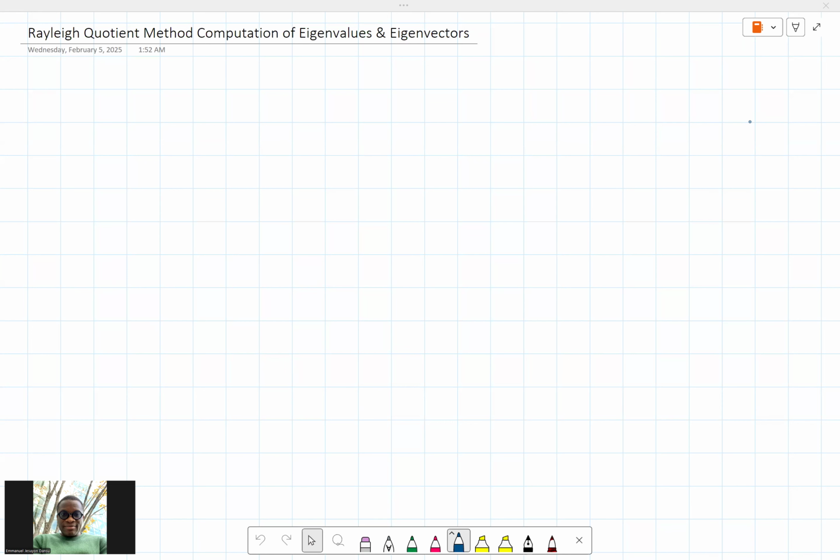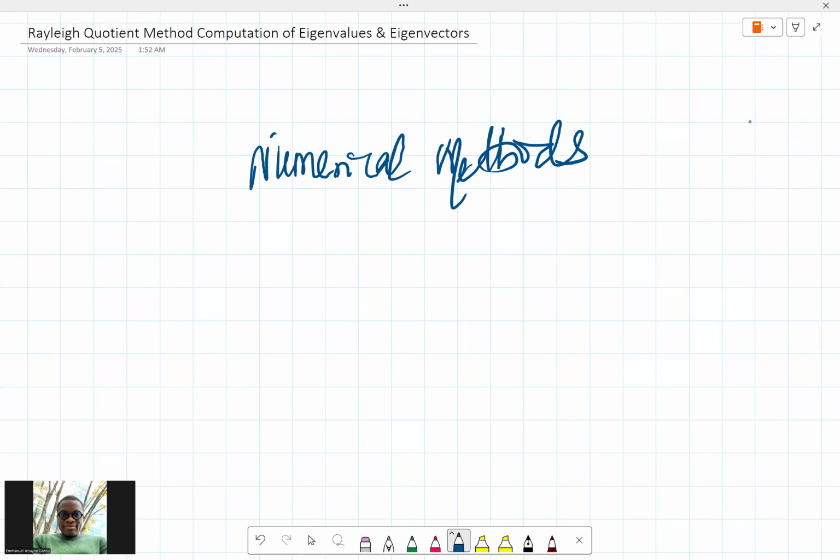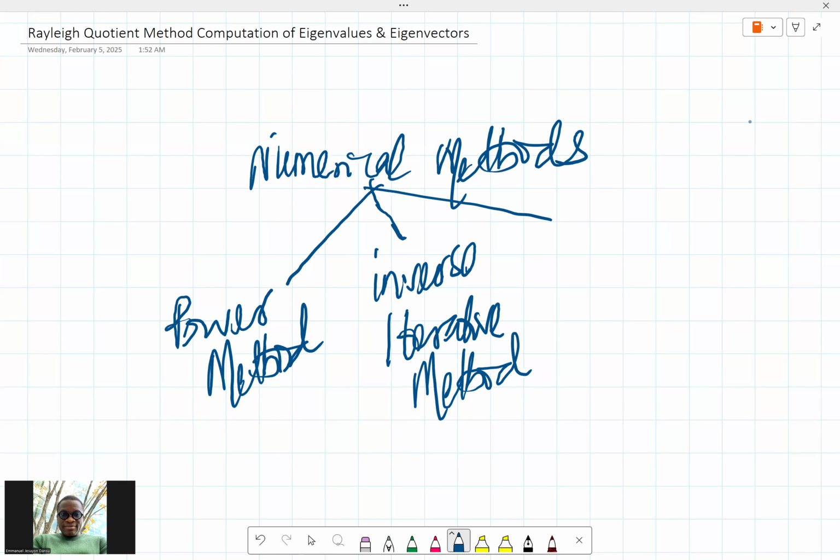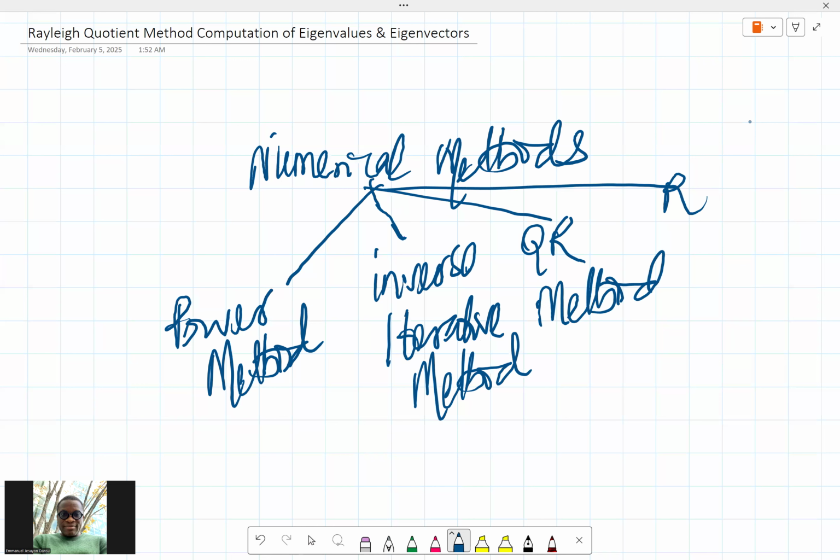I've been on this series about numerical computation of eigenvalues and eigenvectors. And we have seen some of these numerical methods for computing eigenvalues and eigenvectors to be things like the power method, the inverse iterative method, the QR method, and of course the Rayleigh quotient method.